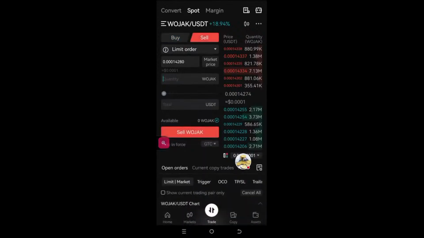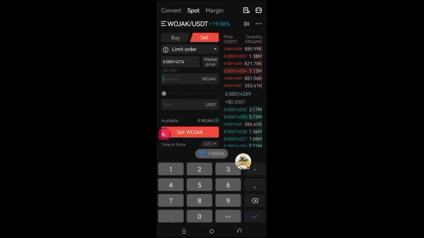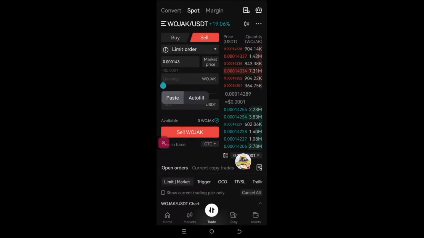Cut. Sell. It's actually on the highest, so we have to choose something. What do we have here now? 142. So let me put 143. Okay. Wojak. What a name. What's that?